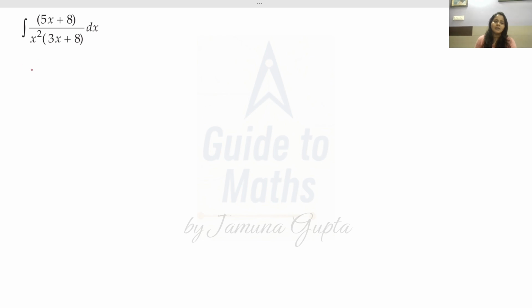You can write this one as A by 5x plus 8 by this x square into 3x plus 8, as A by the linear factor. Since x square is quadratic, we can take it as bx plus c. Okay, you can do it this way. This one you can try, like what you have done. There is a shorter trick, you can say it as a shorter trick or just another different way.